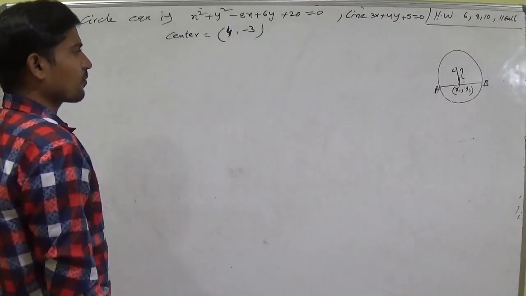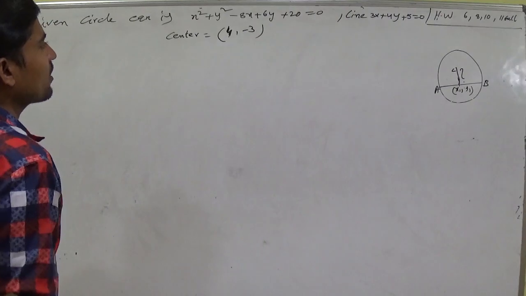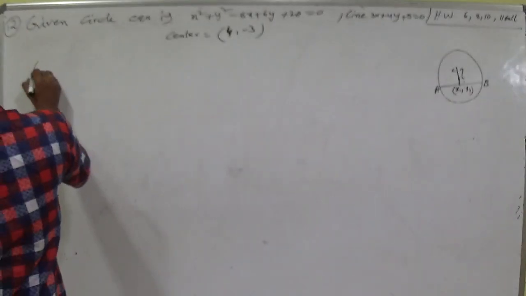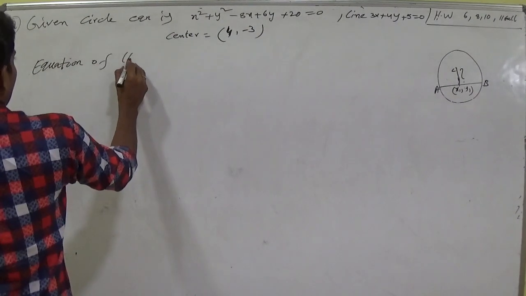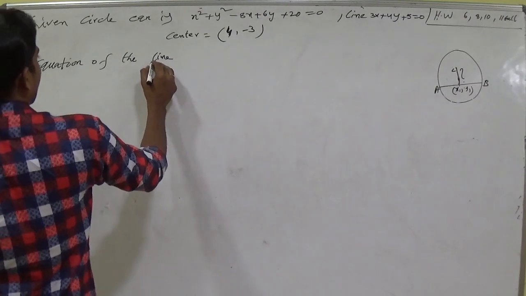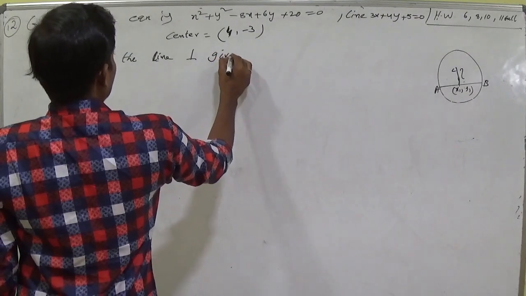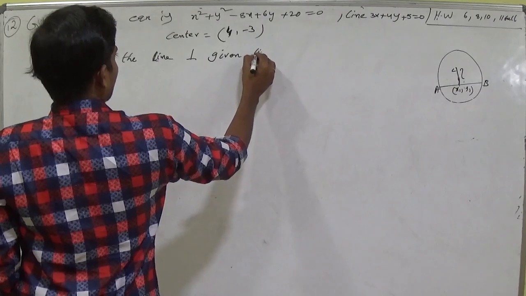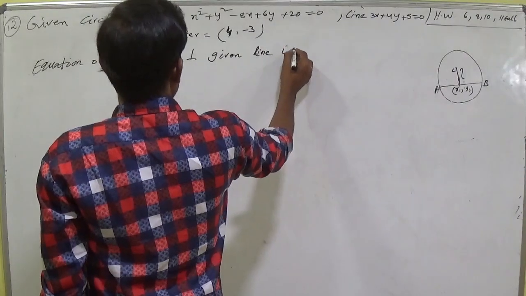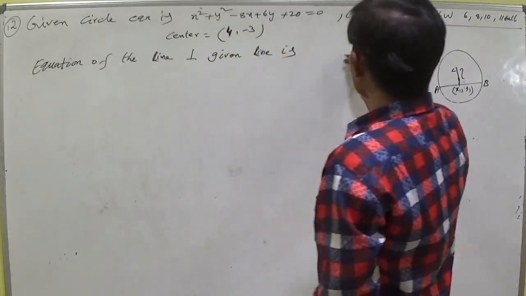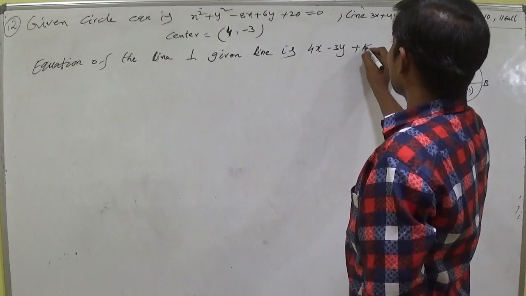And the equation of the line perpendicular to the given line is 4x minus 3y plus k equal to 0.